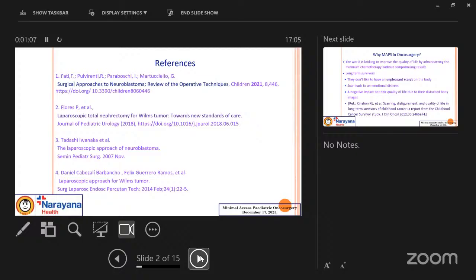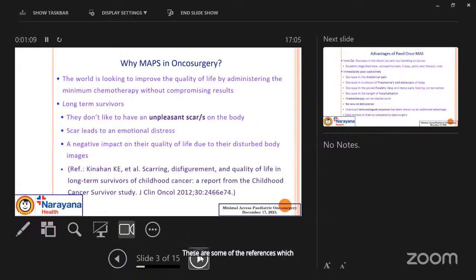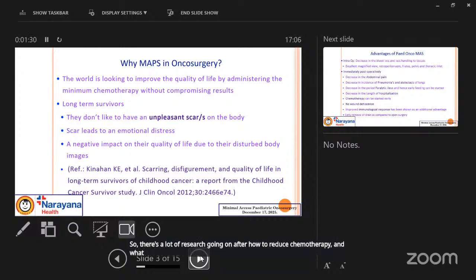So these are some of the references which we have seen. Why MAPS in oncosurgery? The world is looking to improve the quality of life by administering minimum chemotherapy without compromising results. There is a lot of research going on on how to reduce chemotherapy, and what is neglected is the surgical part.